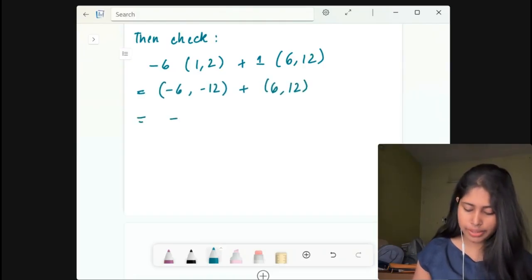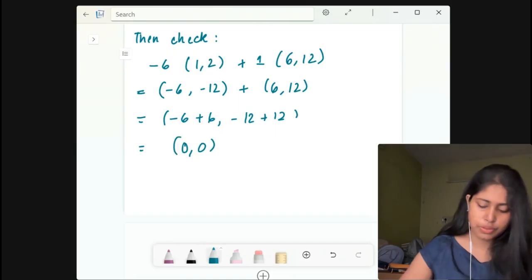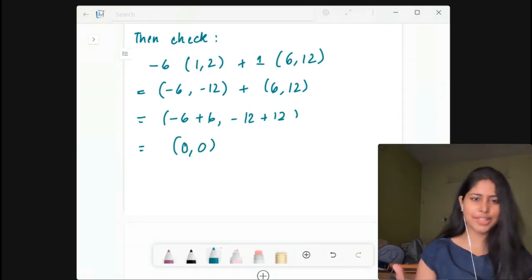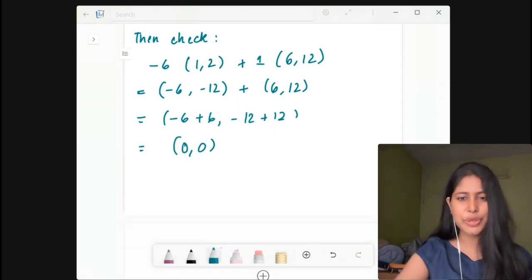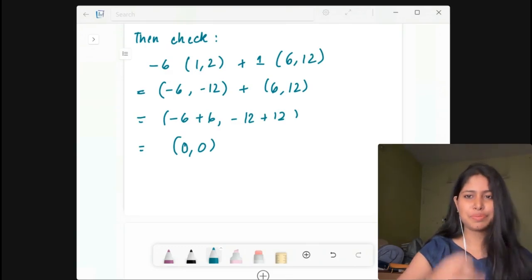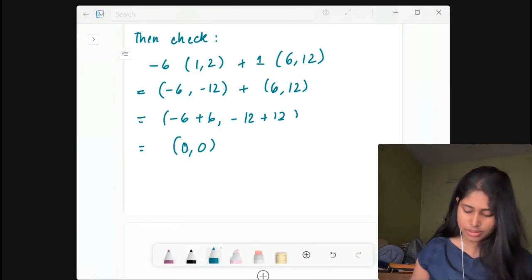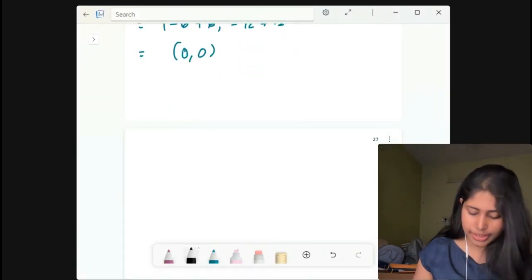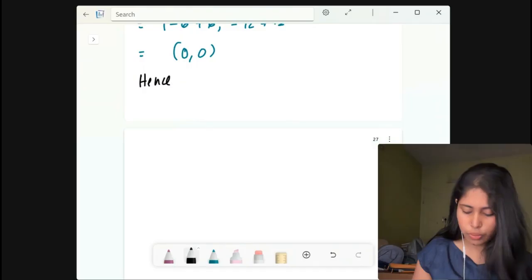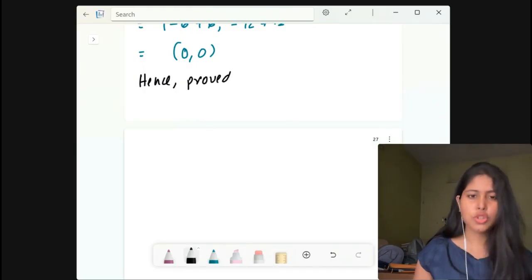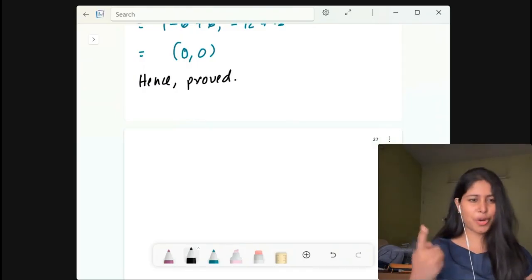Now if we add it, minus 6 plus 6, minus 12 plus 12, which equals (0, 0). Then we can write that hence it is proved, because we are getting (0, 0), and so this set will be linearly dependent. Hence this question is proved.